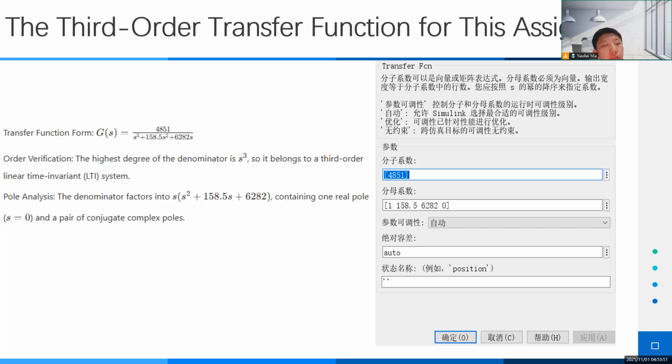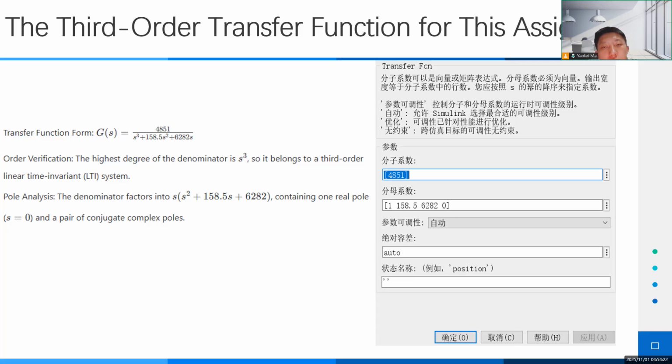Also, when setting up this function in Simulink, we need to input coefficients correctly. The numerator coefficient is 4851, and then the denominator coefficients are 158.5 and 6282.